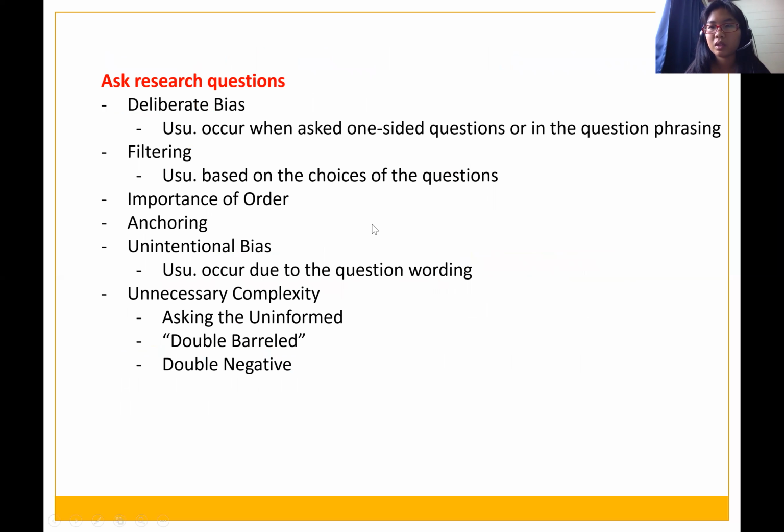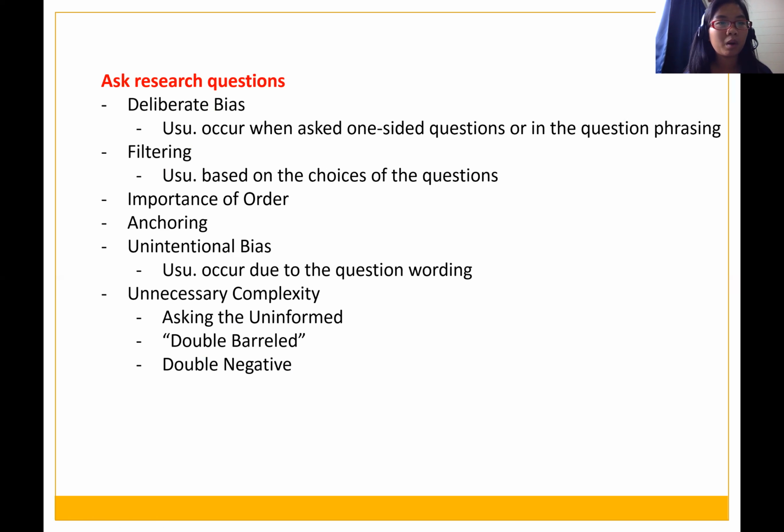Then some of the things we need to know are about the questions in statistical research. When we ask research questions, there are things we usually run into that we're not quite aware of, usually in the way that we phrase or ask the questions.